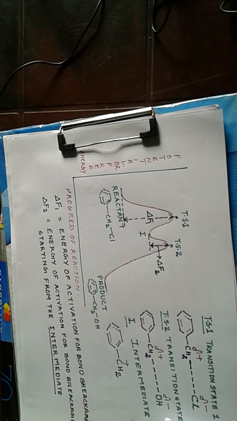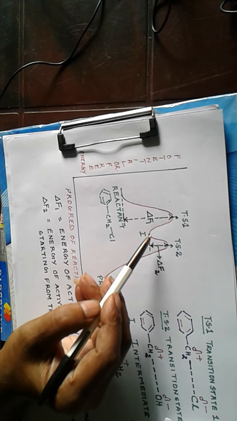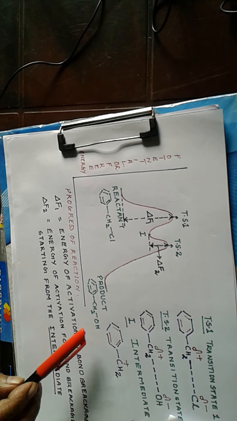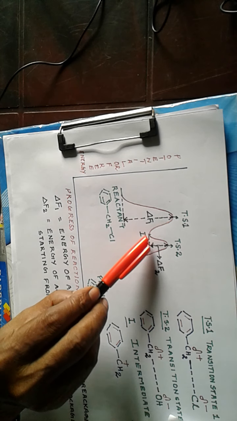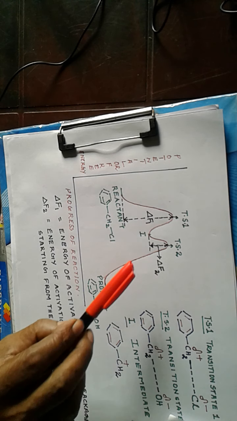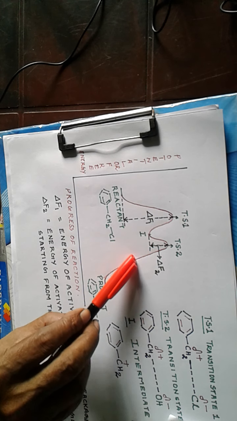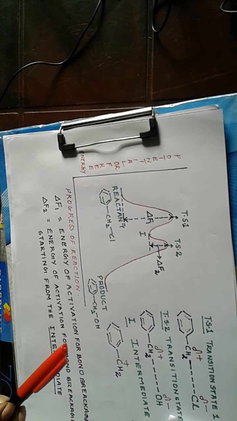The formation of a bond is the reverse of breakage of a bond. Here the bond breakage passes through a transition state. The formation of a bond between benzyl carbocation and hydroxide ion will also pass through a transition state, and finally the product will be reached, that is benzyl alcohol, that we shall discuss in the next video.